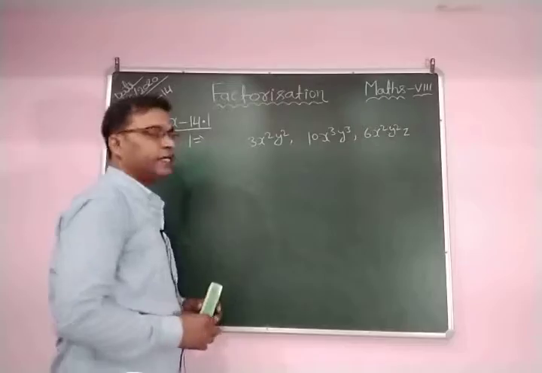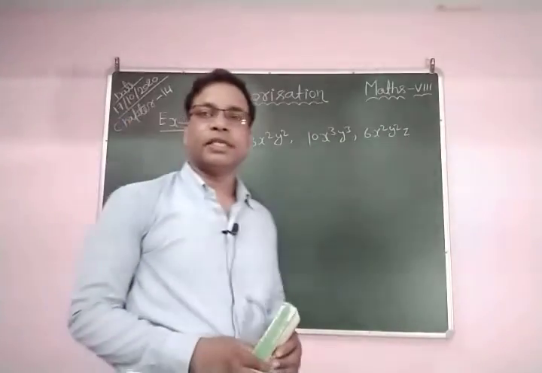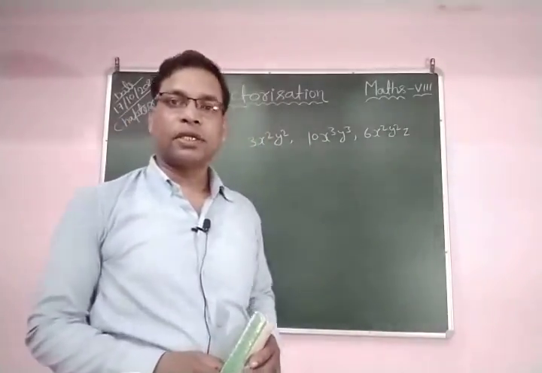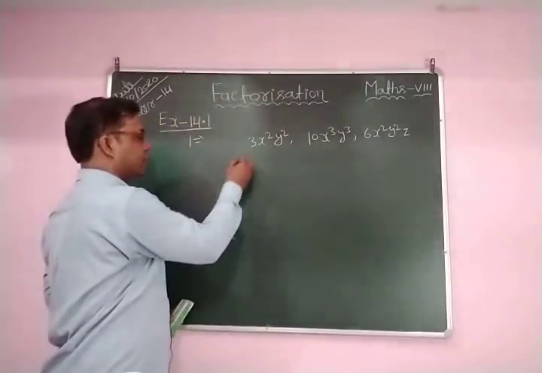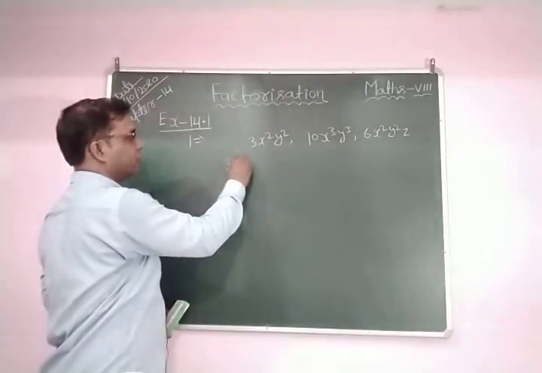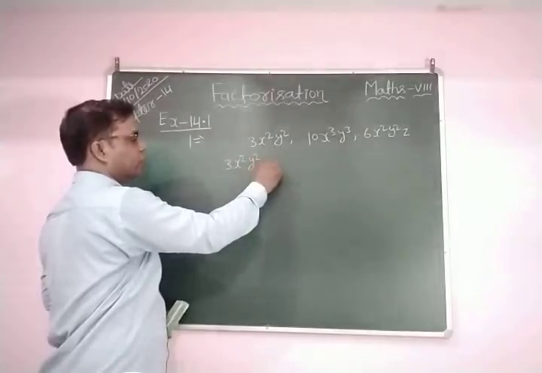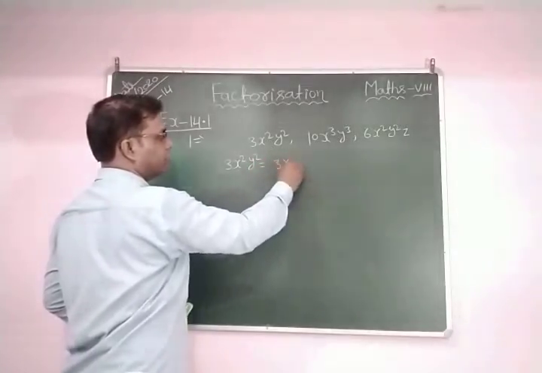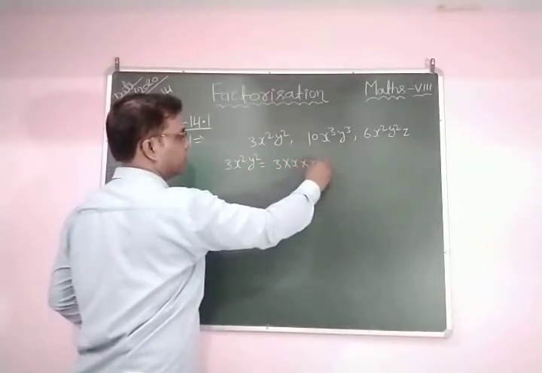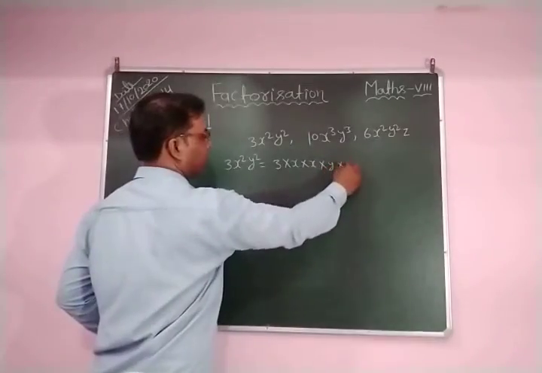First we express them as products of irreducible factors. 3x square y square is equal to 3 into x into x into y into y.